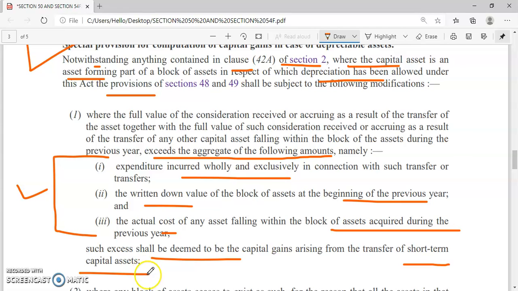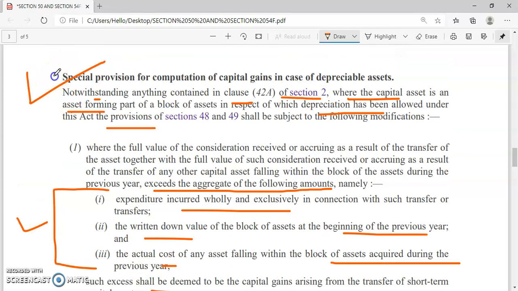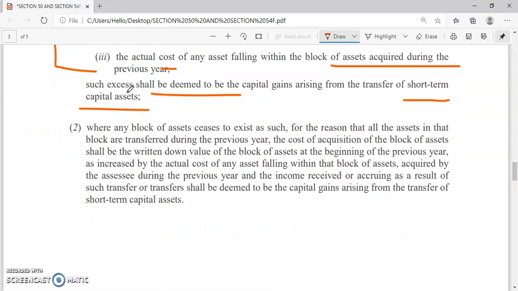This is the reason that the wording of the section starts with notwithstanding anything contained in clause 42A of section 2. Now the second condition is where any block of asset ceases to exist. That means all the assets of the block are transferred during the year.